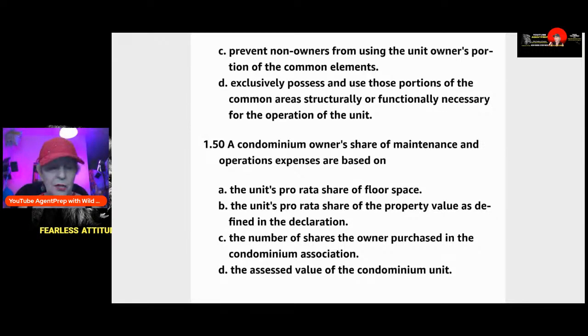For example, if a unit represents a 2% share of the property value, the unit owner's assessment will be 2% of the property's common area expenses. And in my case, it's based on the square footage. So they've determined it based on the value. And then I've noticed that every unit my size has a certain homeowner association dues, which is used for maintenance and operation expenses.